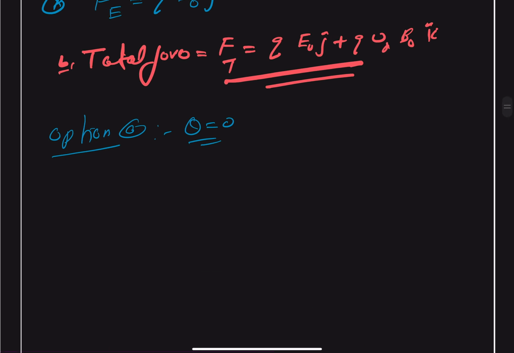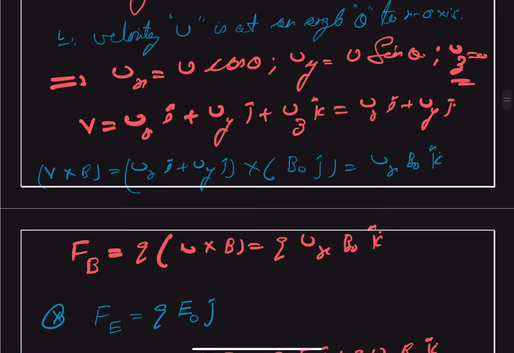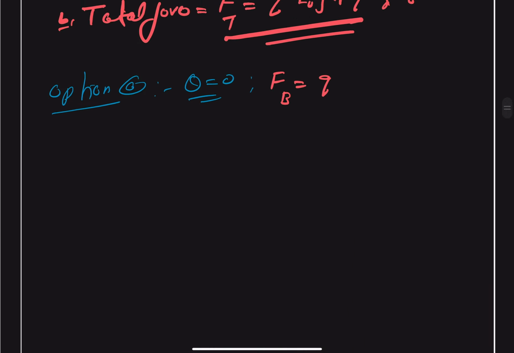If theta is equal to 0, let's find the magnetic force: Fb will be equal to Q, and Vx is V cos theta.